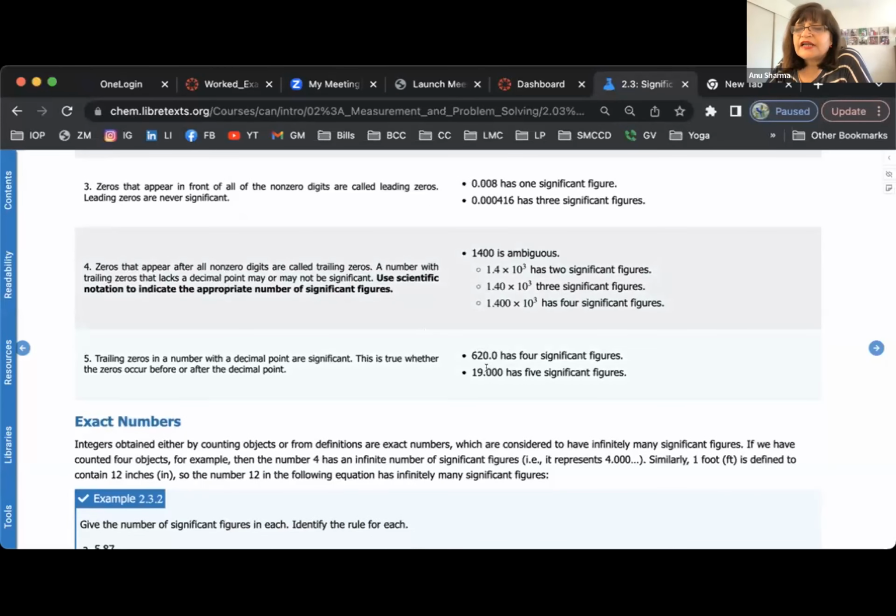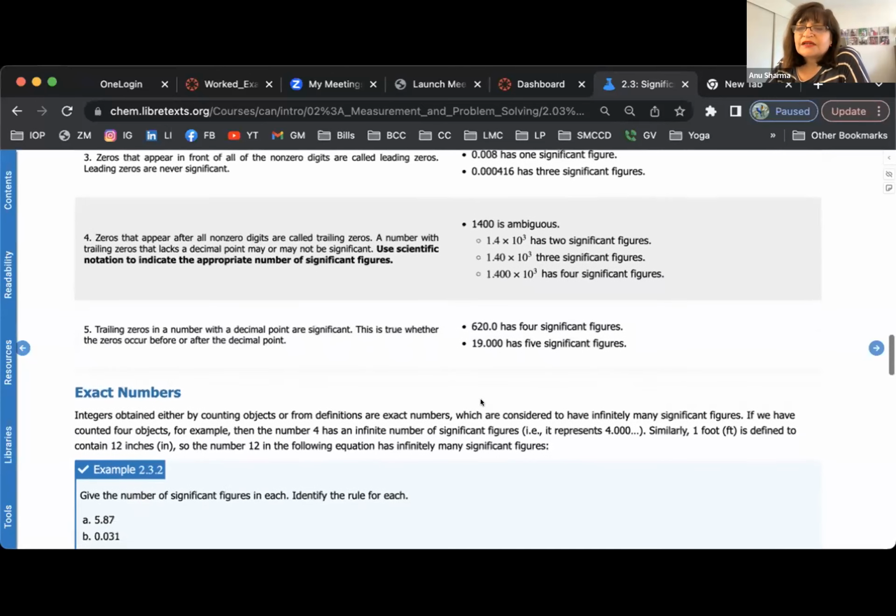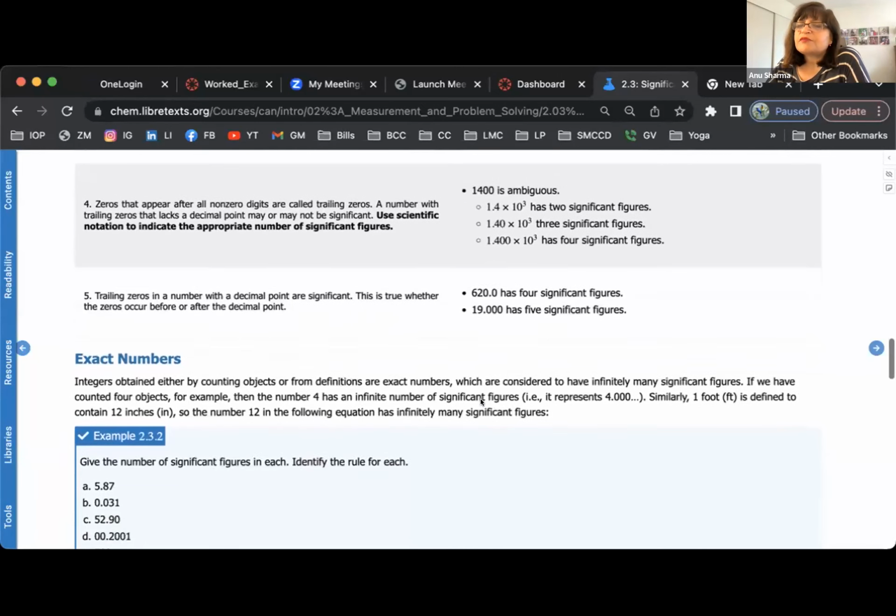But the ones that are trailing zeros, what does this mean? Trailing zeros with the decimal are always counted, always. So this means that when you're taking a measurement, your measurement should be exactly at 620.0. Anytime we have these decimals, we are using some kind of a measuring device.